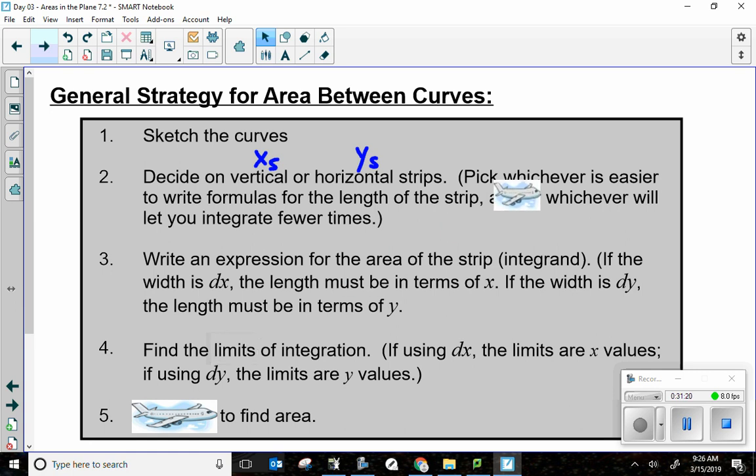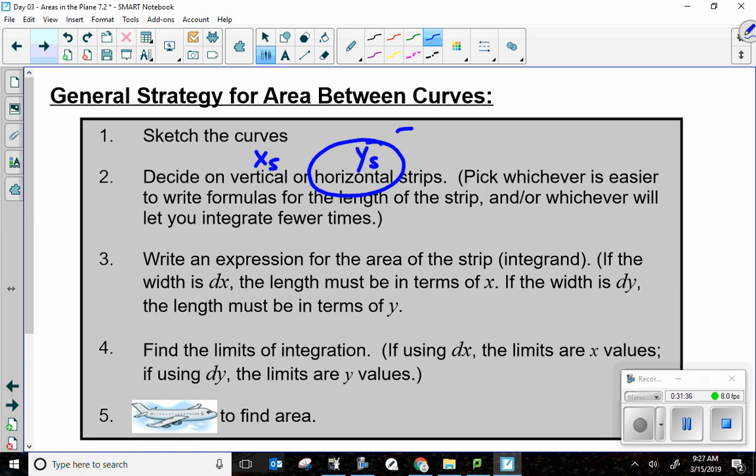Step 4, find the limits of the integration. That's your bounds, your upper bound and your lower bound. Again, if you're using dx's, then your limits should be x values. If you're using dy, then your limits should be y's. Horizontally, everything's y's in your integrand and your limits.